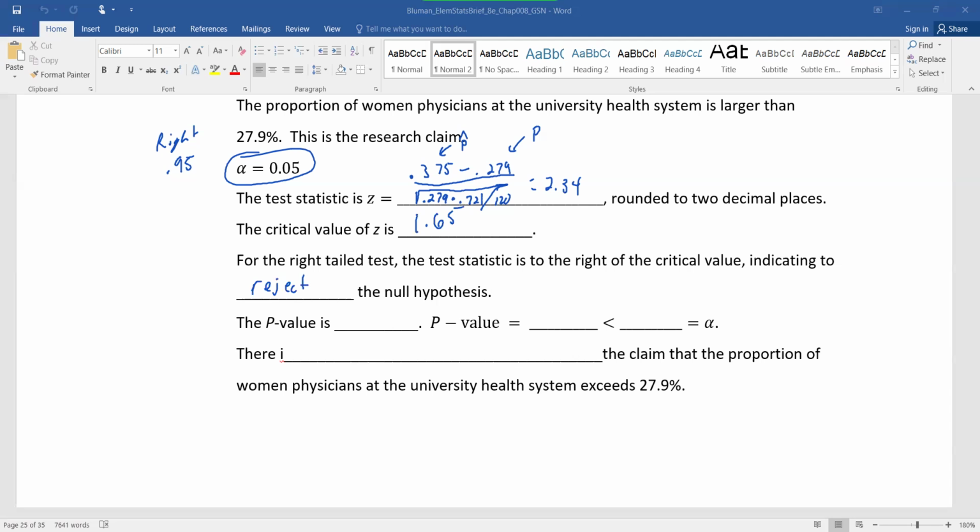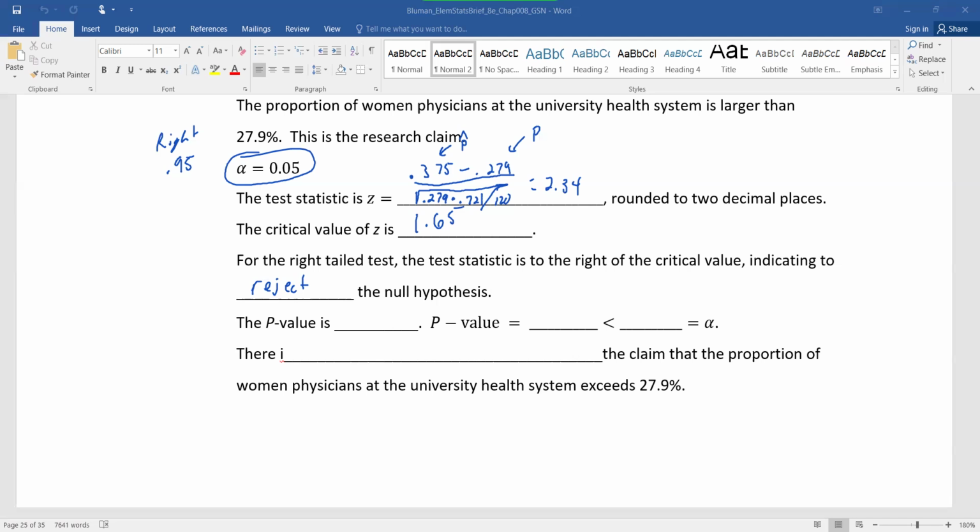The p-value is, how do we calculate the p-value? I've got to go back.